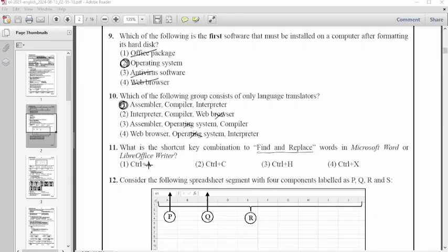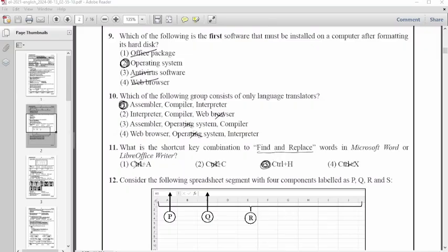Control A is to select all, so that's wrong. Control C is simply copy, like Control C, Control V, copy paste. That's out. Control X is cut, Control V to paste, so that's also out. Control H is the right one to find and replace.